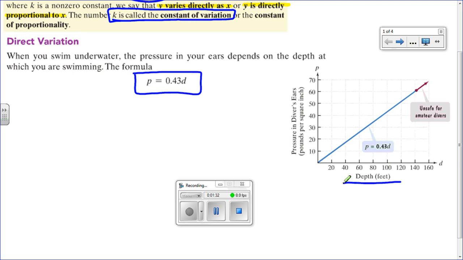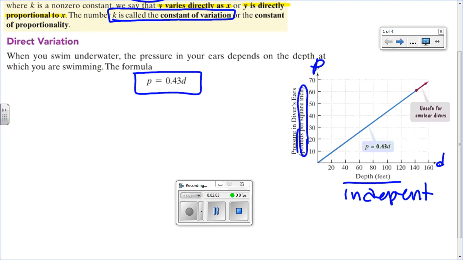The independent variable is not x, but they're using d to denote the independent variable, and that stands for the depth in the water, and the units are measured in feet. Now the dependent variable is not y, but p, and that stands for pressure, the pressure in the diver's ears, and the units are pounds per square inch.